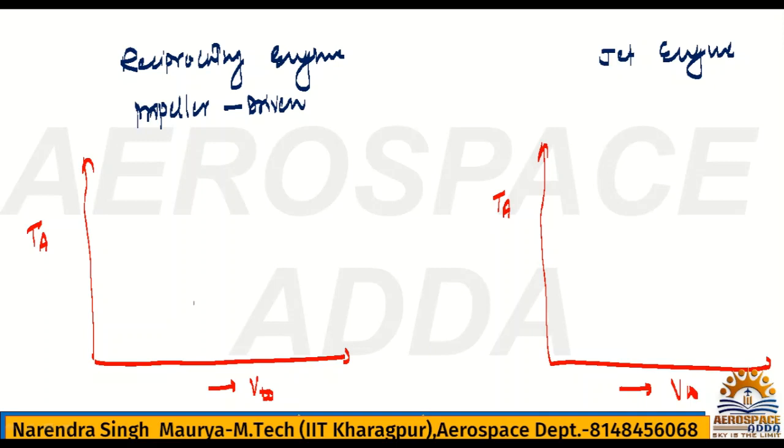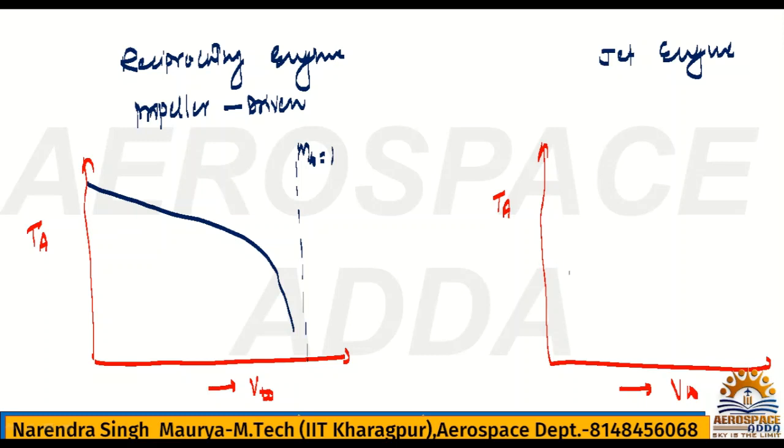For the reciprocating engine, the thrust variation will be like this. For the propeller, when the velocity approaches sonic speed, once M infinity becomes 1, you may lose thrust because of shock formation in the propeller, so there will be a drastic loss of thrust.